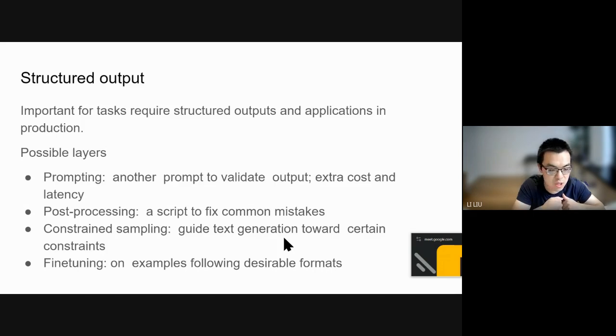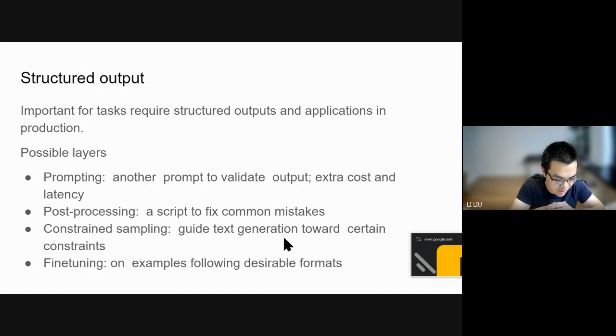This is to guide the text generation towards certain constraints. This is also a common prompt technique, where you tell the model that the answer should be in one of these options, A, B, or C. And now there are also other frameworks to help you with that, to guide the model to constrain its answers.